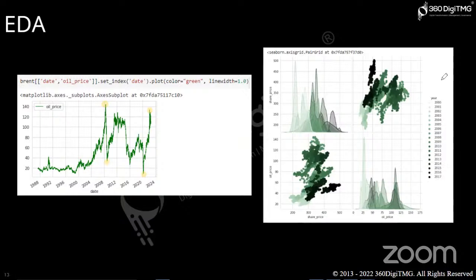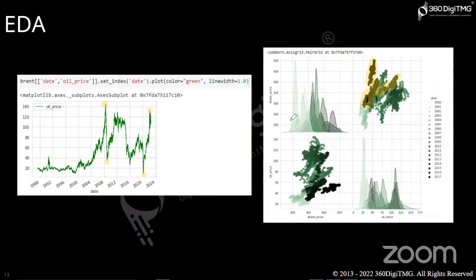As the gradient is moving up, from 2000 to 2017, the color is becoming darker. These regions we are seeing are some recent data, from 2014 to 2017. So we can see the fluctuation here.